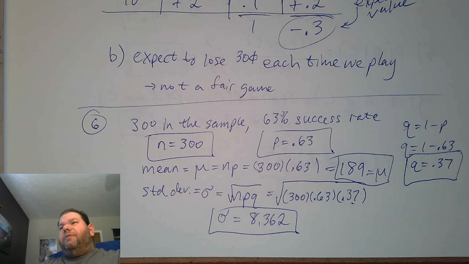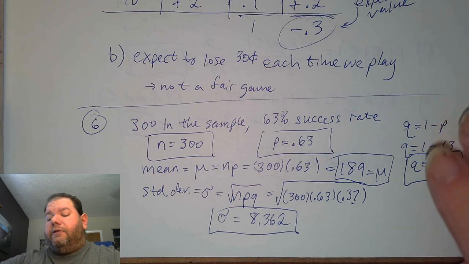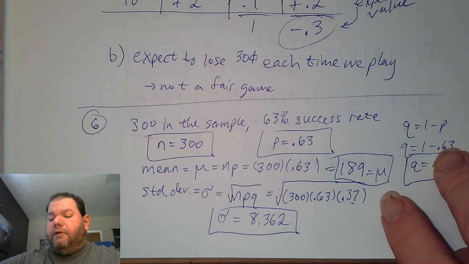And then from that, we can figure out what q and then the mean and then standard deviation are, based on our formulas. Okay. So that takes care of number 6. That just leaves number 7 for us.